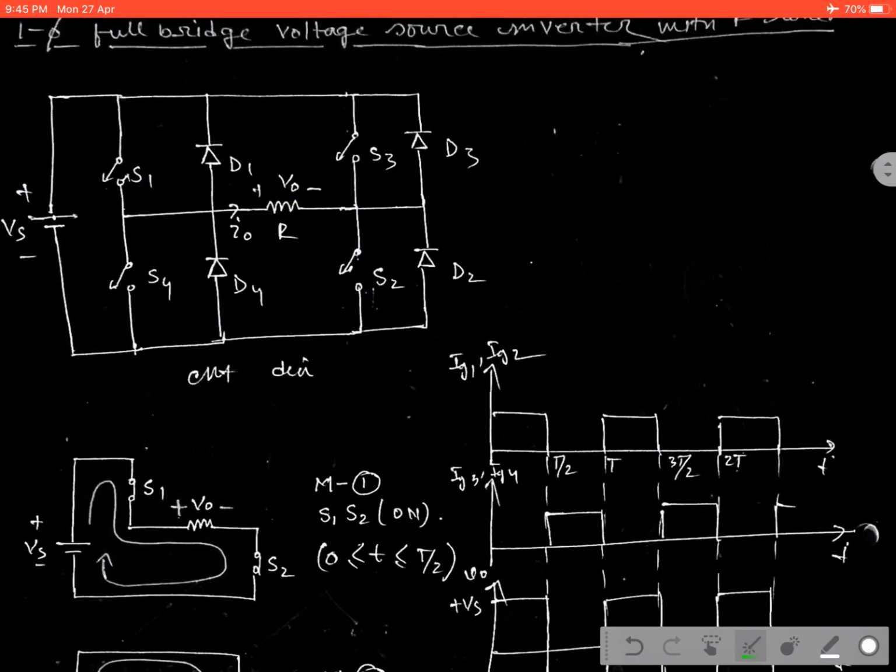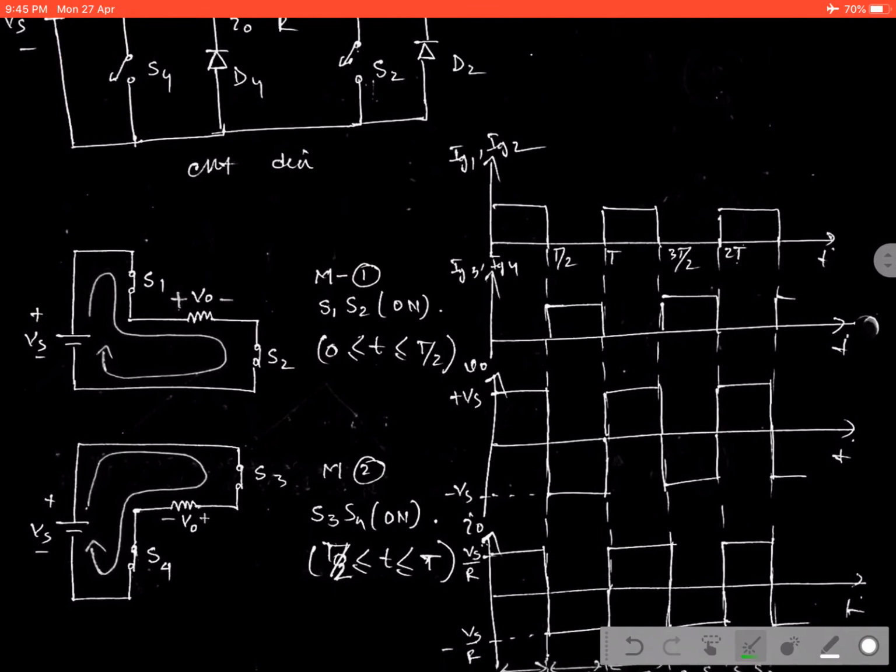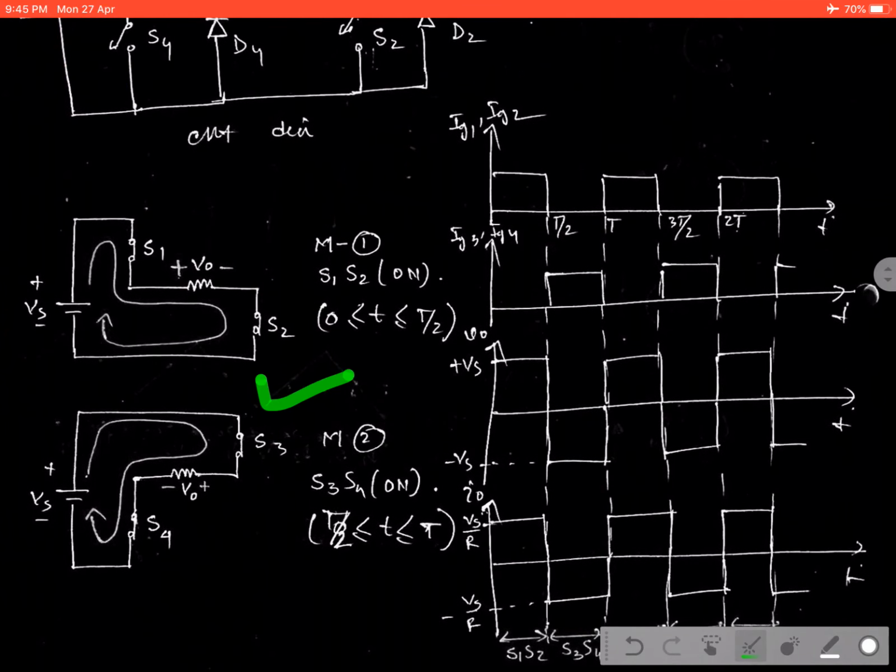Similarly, when S1 stops working, then we are giving the triggering pulse to the next two switches, that is S3 and S4. Then the current starts flowing from S3 to load, then S4 and coming back to the supply, which will be reflected on the next circuit in mode 2 operation.